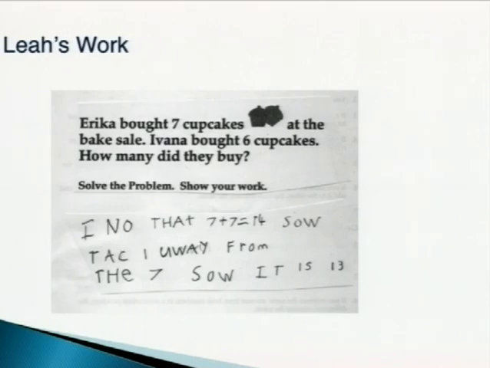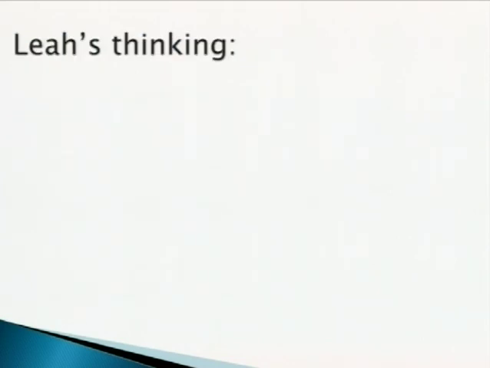For example, here's the work of a first grader who was solving a story problem that is solved by 7 plus 6. She wrote, "I know that 7 plus 7 equals 14, so take away 1 from the 7, so it is 13." So Leah, this child, is saying that she knows that 7 plus 7 is 14.